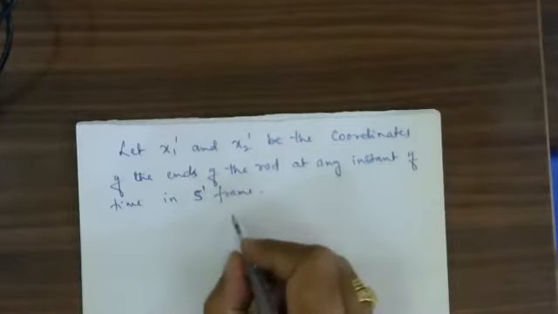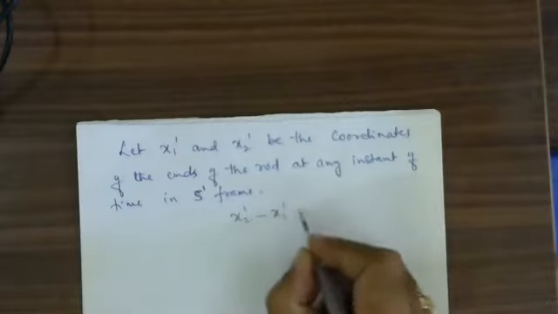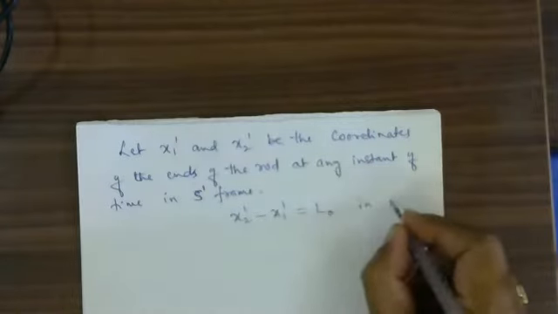Therefore, I can write x2 dash minus x1 dash is equal to L naught. This is where it is in S dash frame.